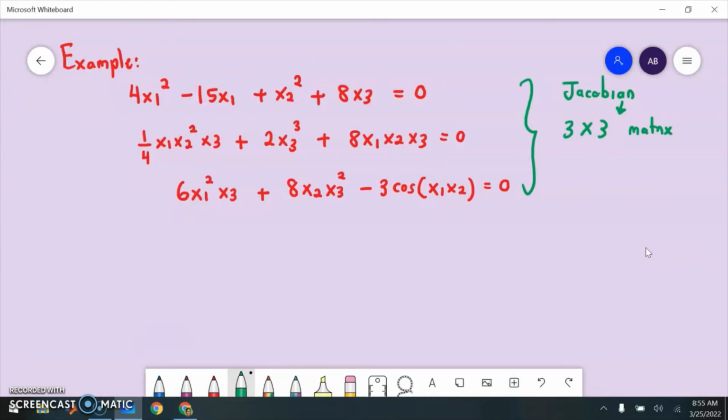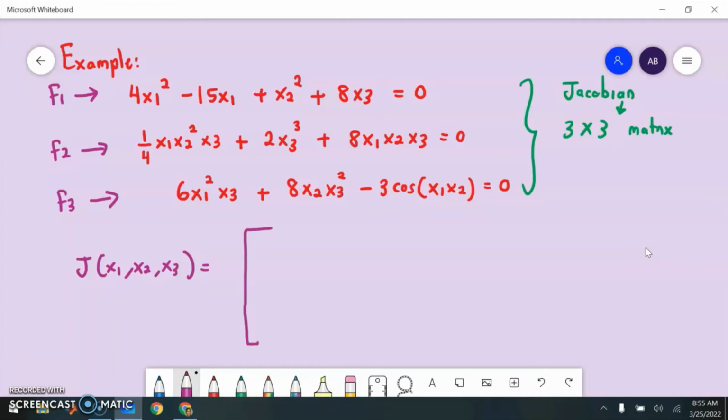Obviously we have function 1, function 2, and function 3. So my sketch of my Jacobian, we have x1, x2, x3 here. There's going to be a big matrix 3 by 3. So I have first function 1 with respect to x1, function 1 with respect to x2, function 1 with respect to x3.